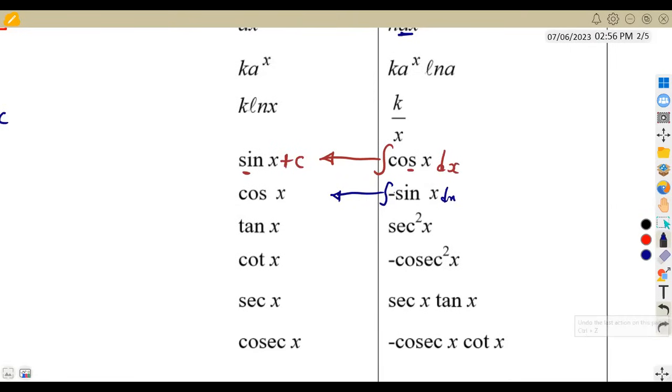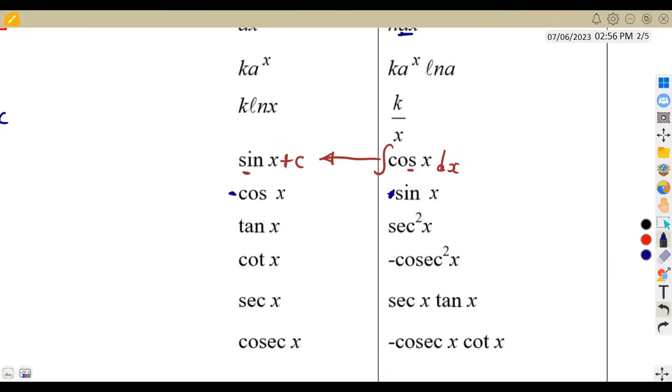But if we want to remove this negative so that we remain with a positive sign, we put a negative on this side.